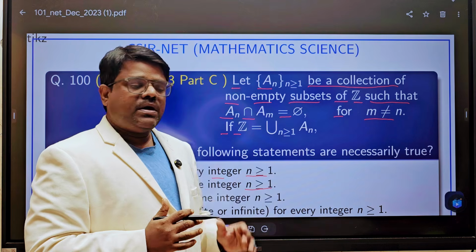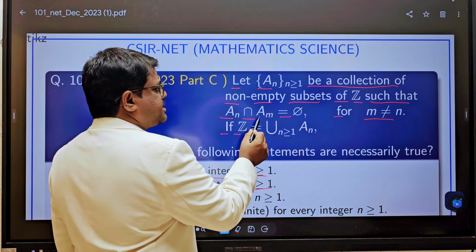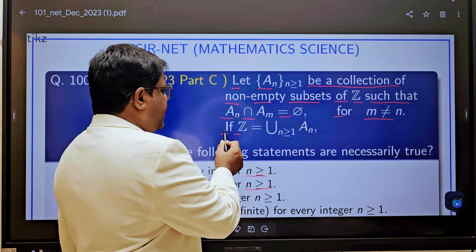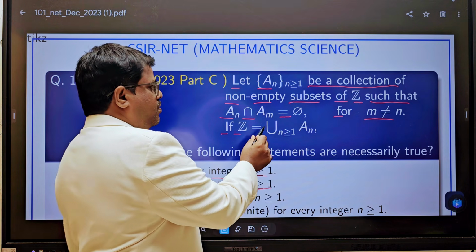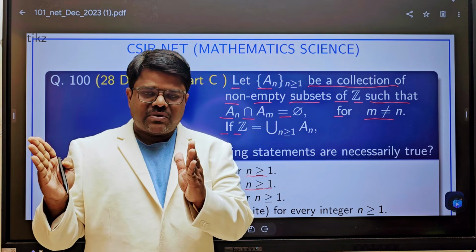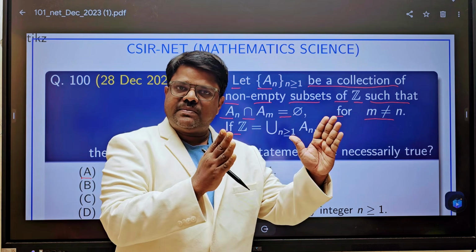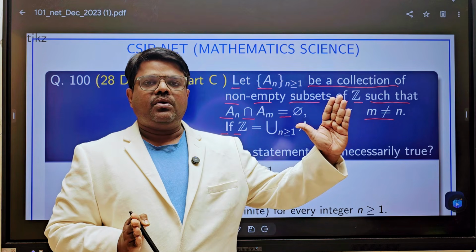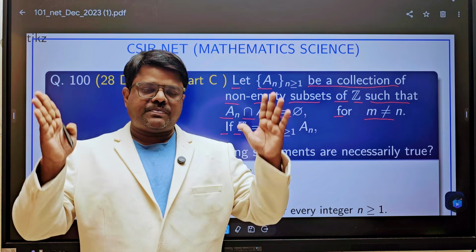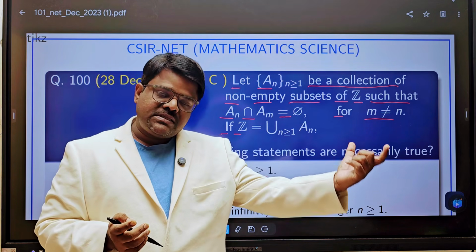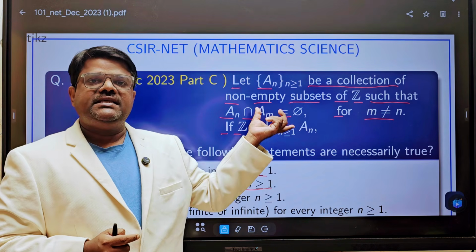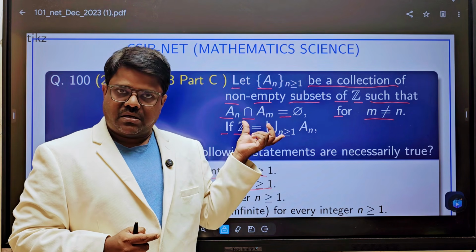The condition they have given is A_n intersection A_m equals phi for m not equal to n, and Z equals the union. What union? n greater than or equal to 1 of A_n. A1 is one subset, A2 is one subset, A3 is one subset, and so on. The union of all these subsets forms the set of integers. This is the condition given in the question.